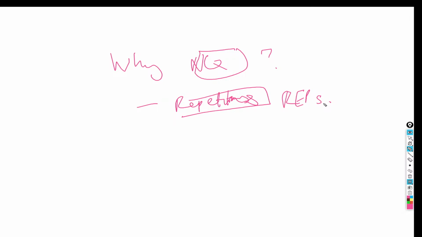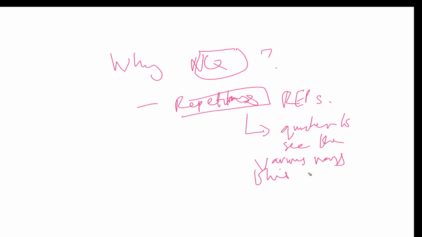The more reps you get in, the more you can identify roughly what it is you're looking for, or rather, if I put it better, the variations, quicker to see the various ways this sets up.